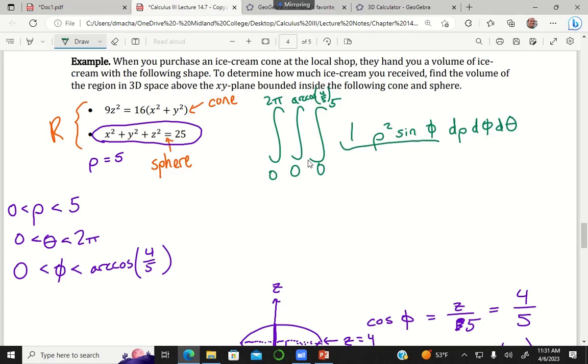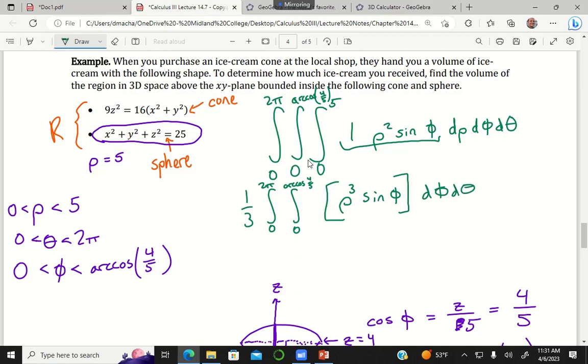So this being my integrand, if I take the antiderivative with respect to rho, that's going to give me rho cubed over 3. And so I'll take the 1/3 out as a constant. And so now I've got the integral from 0 to 2 pi of the integral from 0 to arc cosine of 4/5 of now my antiderivative being rho cubed sine phi, because we pretend that phi is constant, d phi d theta, lower bound 0, upper bound 5.